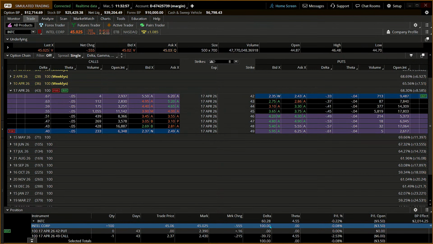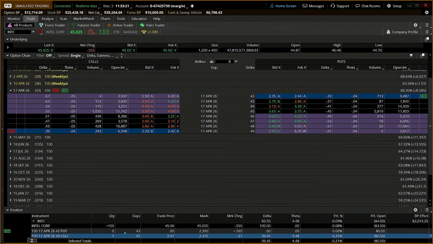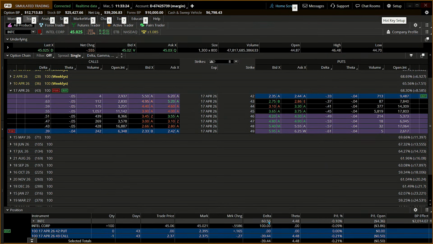Delta is explaining to you the rate of change in profit or loss. 100 shares, stock goes up $1, rate of change in profit, $100. 100 shares, stock goes down $1, in this case it would be a loss, down $100. But when you sell the call and you buy the put, what that's really doing is lowering the rate of change in the gain or loss.